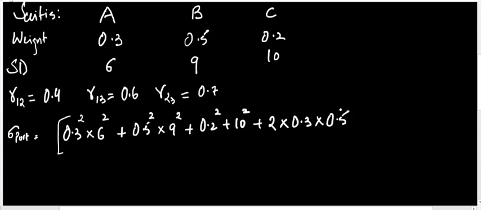Now I have to multiply it with the coefficient of correlation, that is 0.4, and also multiply it with the standard deviation of security A into the standard deviation of security B.